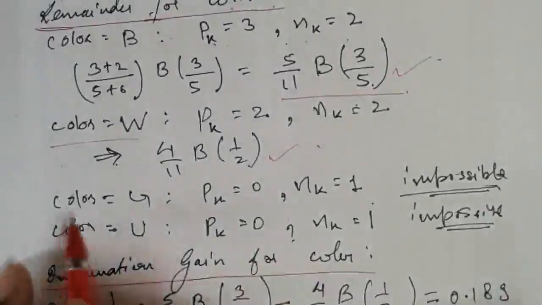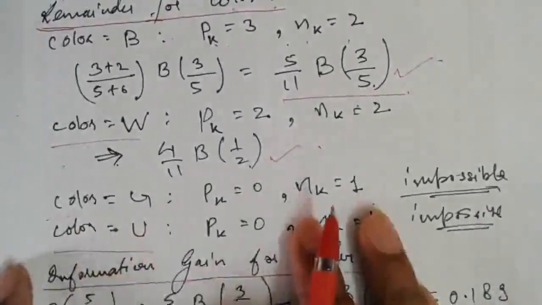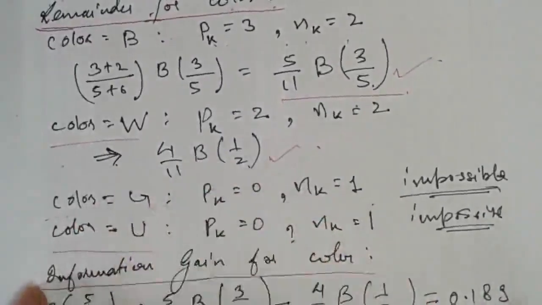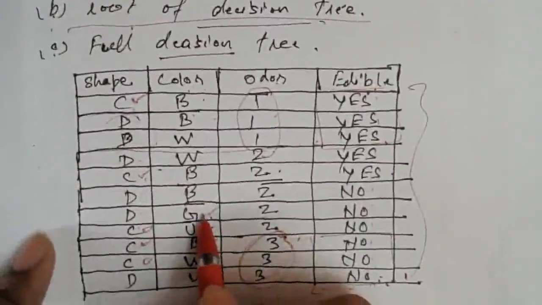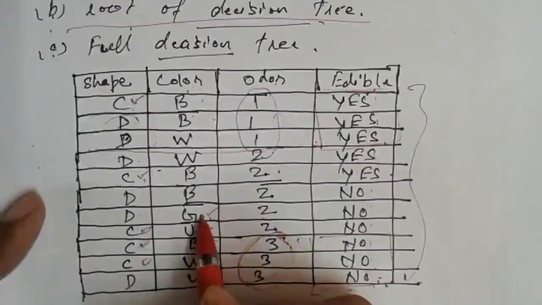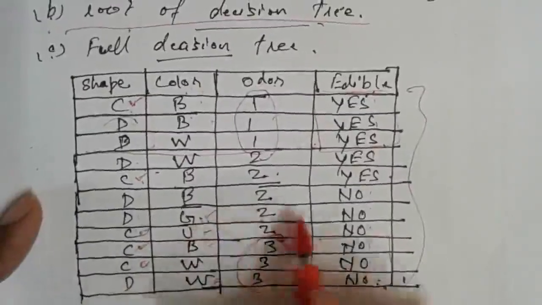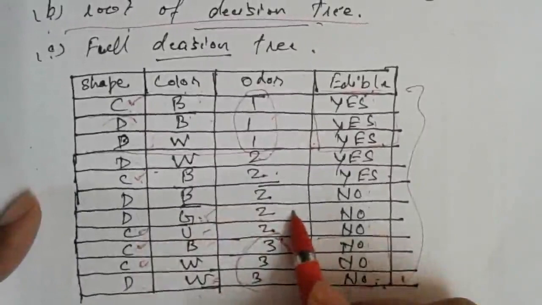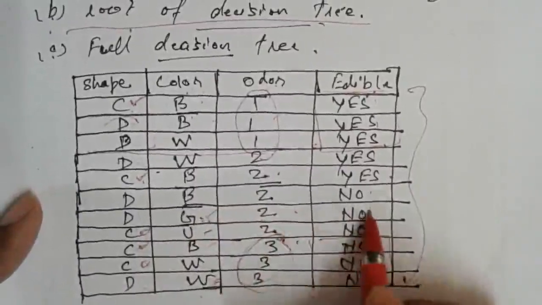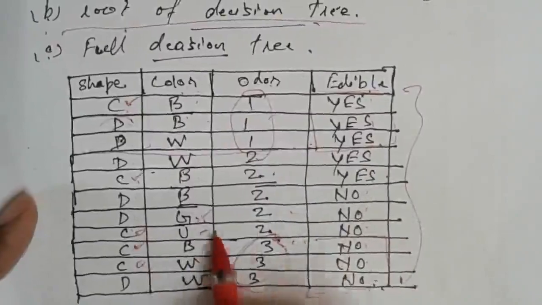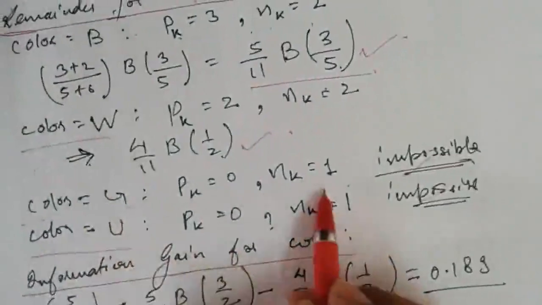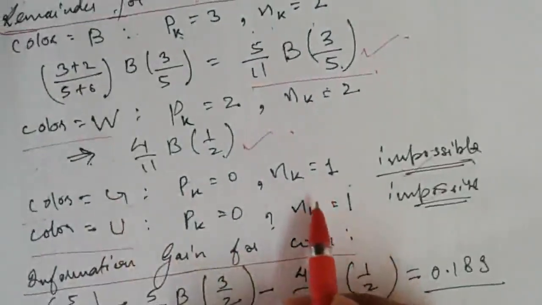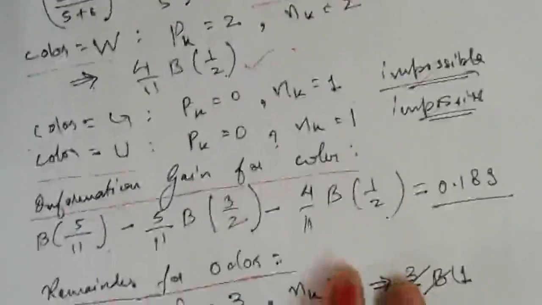Now the interesting case is color is equal to G and color is equal to U. So when the attribute color has value G, it has only one value, right, and it is no, and again U has only one value, it is no. So it is a certain event, and the entropy for this event is equal to 0.